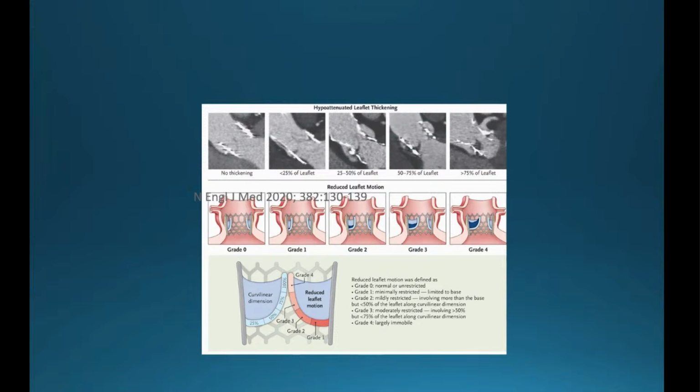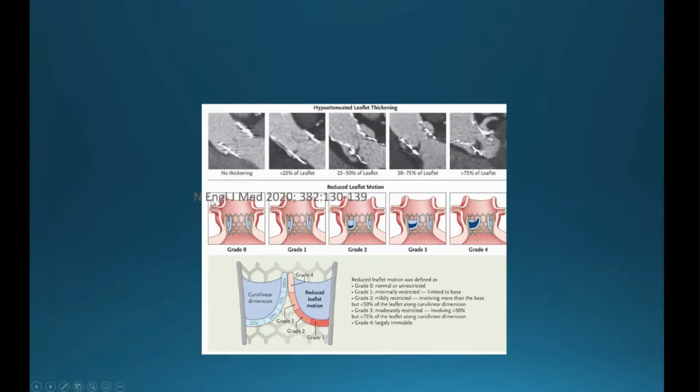leaflet thickening and restrictive leaflet motion, which was published several years ago in the New England Journal paper, and we're still figuring out what this really means and if anything needs to be done with it.